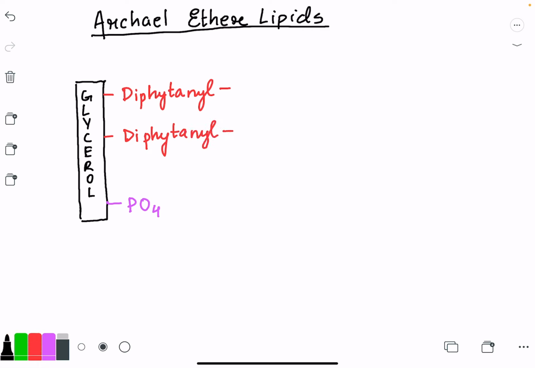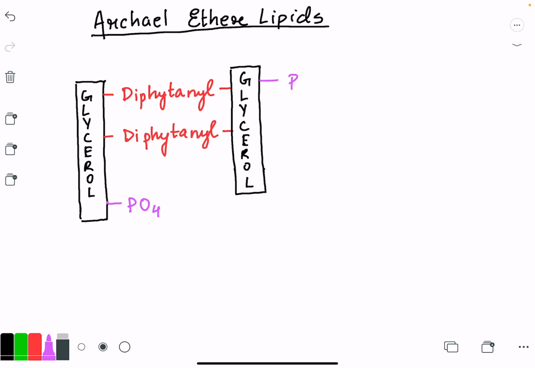The details you don't have to know, only the structure. This will be attached to another glycerol molecule. And this glycerol molecule will be attached to the third and last glycerol molecule by a phosphate.